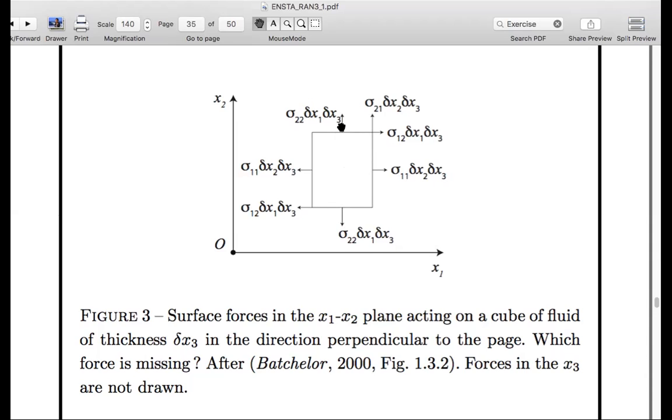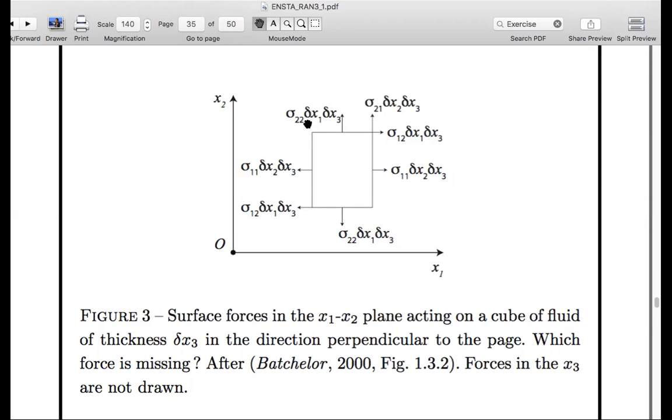Now, for each surface, I should also have two tangential forces, only one of which I'm going to draw. So for this surface, there's the tangential force. For this surface, there's the tangential force. For this surface, I've got a tangential force going in the negative direction because the normal is pointed in the negative direction. Do you see it now? So for this surface, I have the normal force, but I need a tangential force.